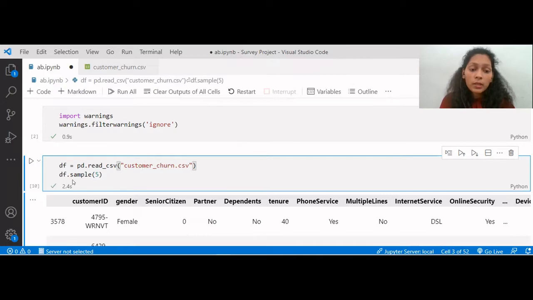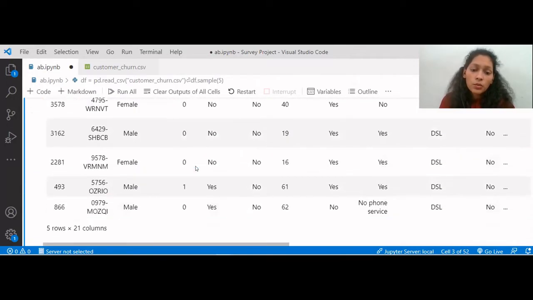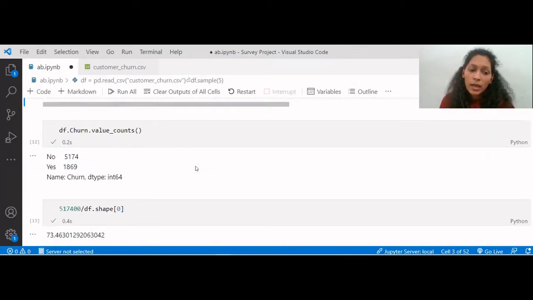I'm reading a data set into a data frame, referred to as df. customer.churn.csv is our CSV file, the whole raw data set. When we do the value count, we can see the number of no and the number of yes.